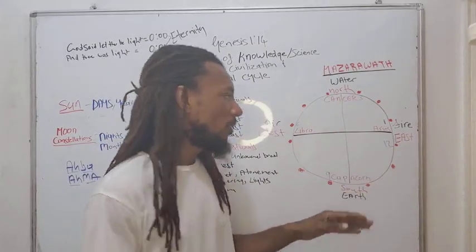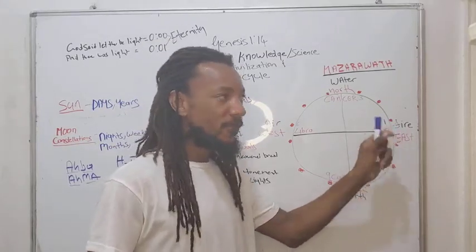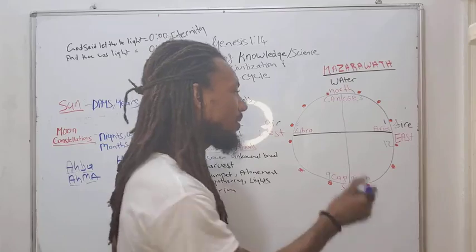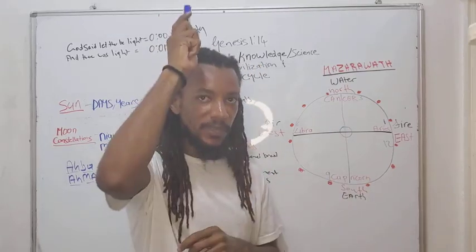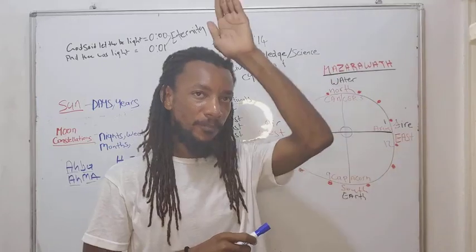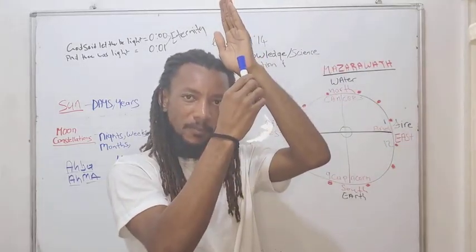Evening and morning. The sun, when it comes across the eastern horizon, from that point, looking at the eastern horizon, until here, let's call here the zenith, the center of the sky that's overhead. From the eastern horizon coming all the way up over your head, that is called morning.